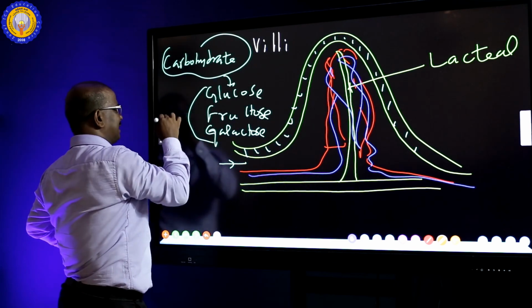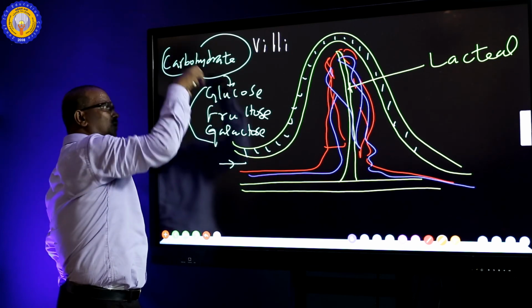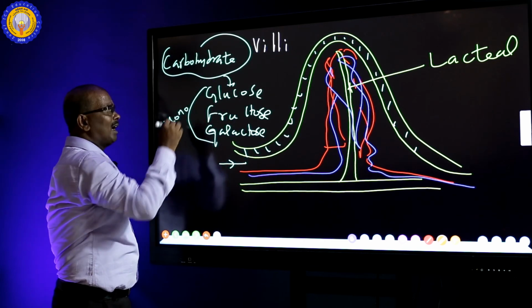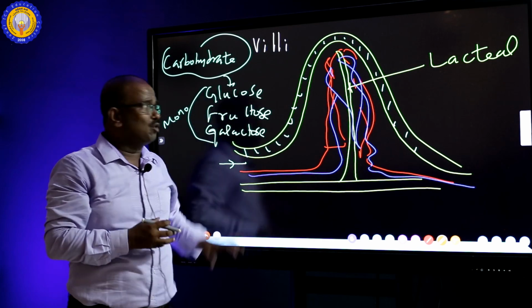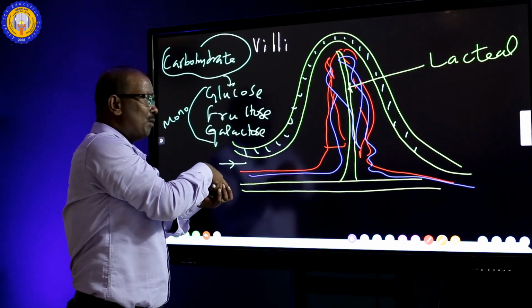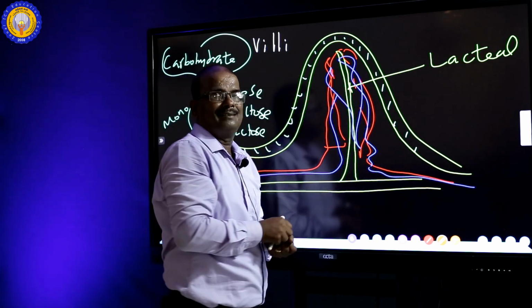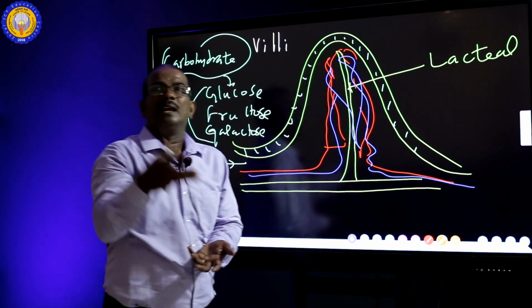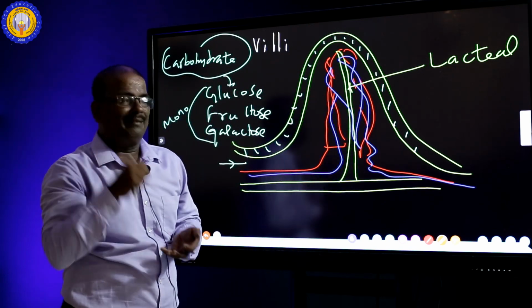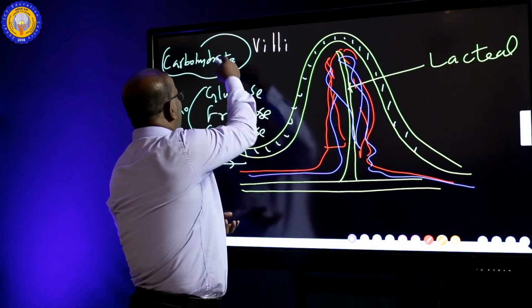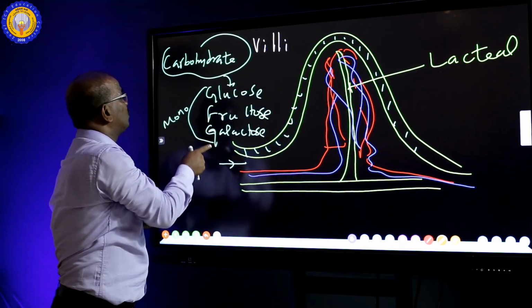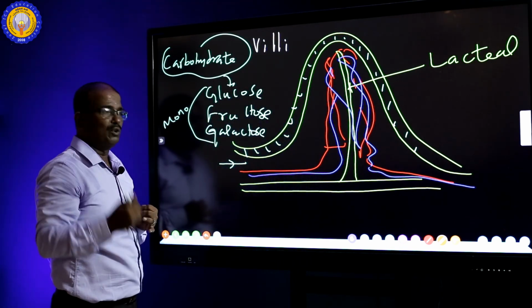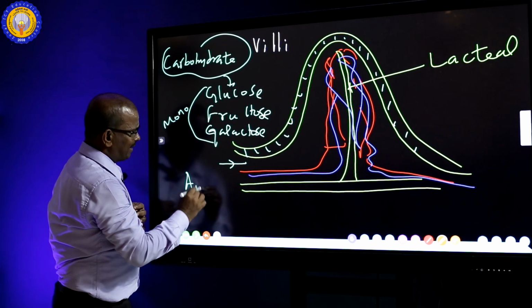The insoluble form becomes soluble form, which is absorbed by the blood capillaries associated with the villi in the small intestine, and also amino acid.